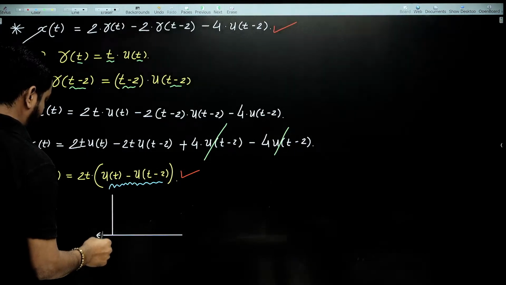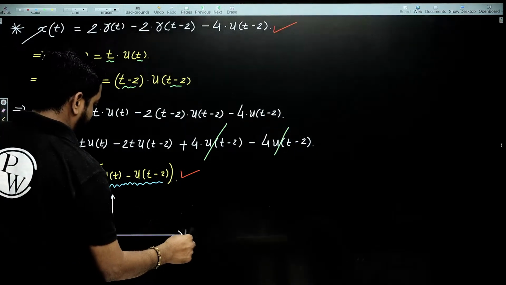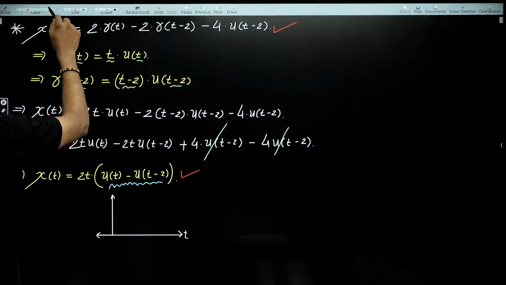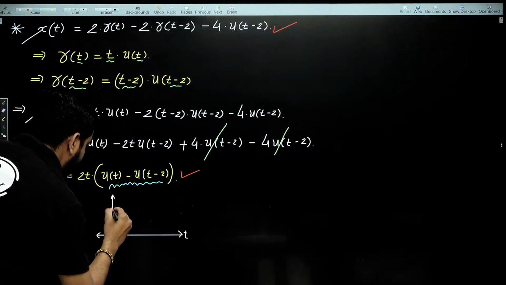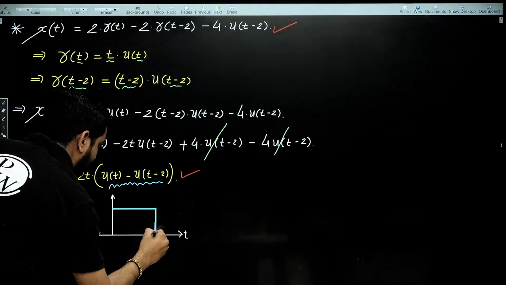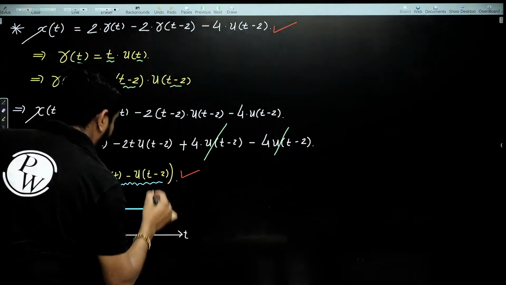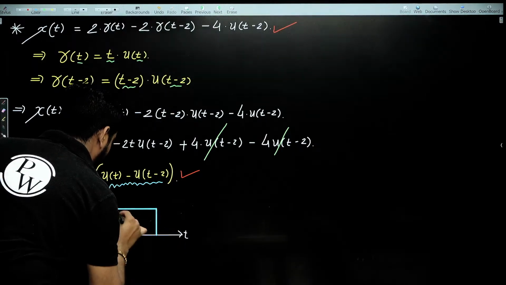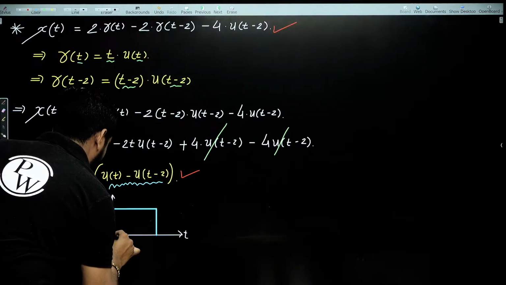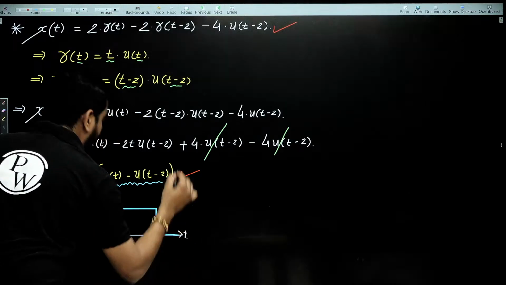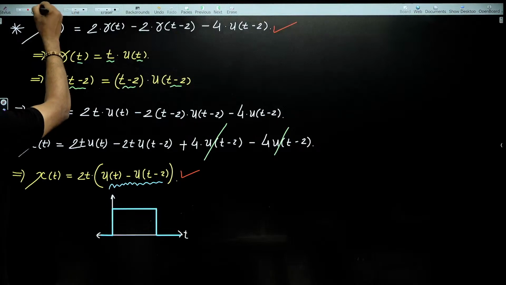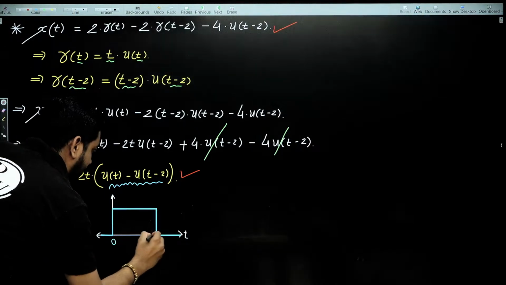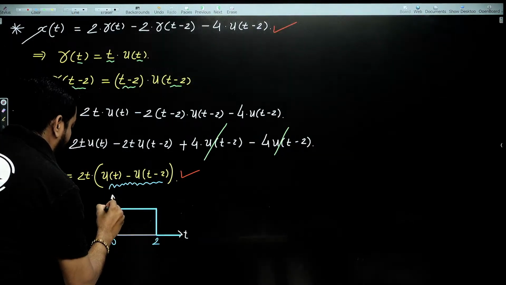Nothing but a window function, a rectangular function between 0 and 2, guys. Can we say like this? Yes or no? This is 0, and the amplitude is 1.